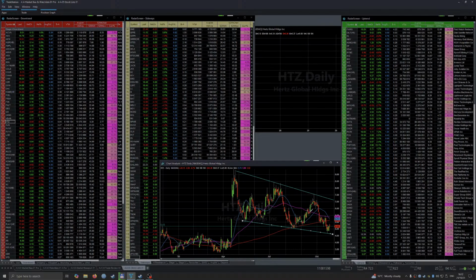It goes down and it goes up. And this was at $5 and went up to $7. That's a $2 movement range on a $5 stock. That's pretty damn good.